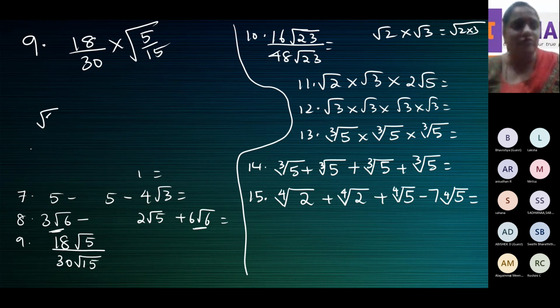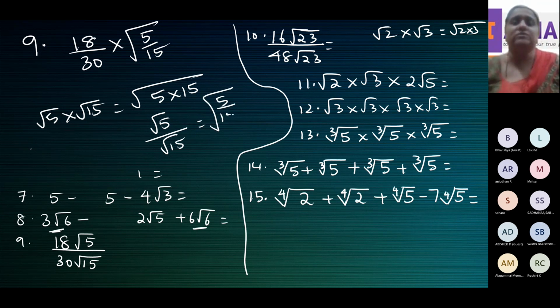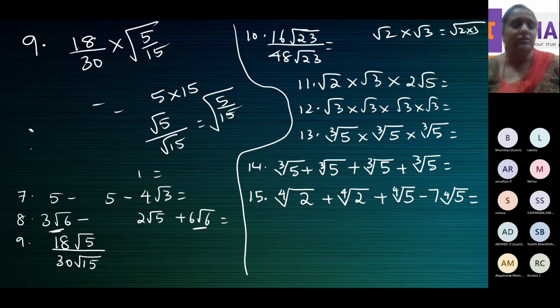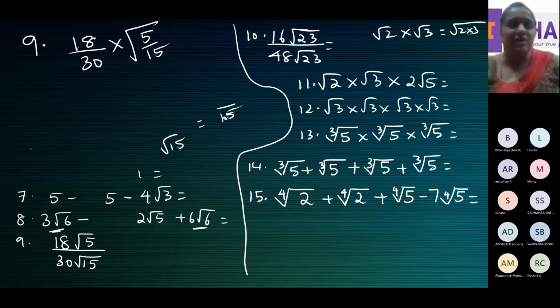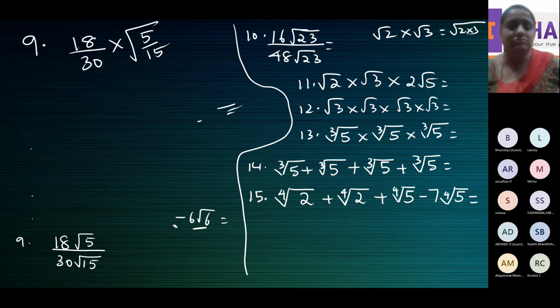Is that fine, children? Yes, ma'am. So you must write, divide 18 and 30. 18 by 30 into square root of 5 by 15.